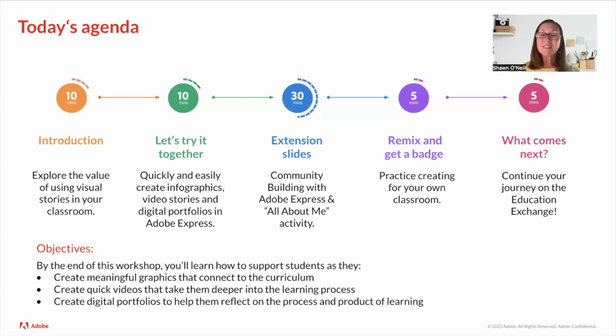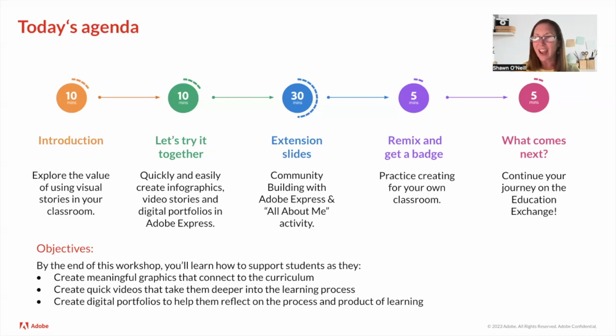So we have some slides that we're going to go through. We have a community building activity on Adobe Express called All About Me that I'm going to have you practice today, but it's also something that you're going to be able to use with your students to help build community. There is a very quick section at the end, and you can do this together if we have time today, or you can do it later, where you can remix. That just means you're editing a template.